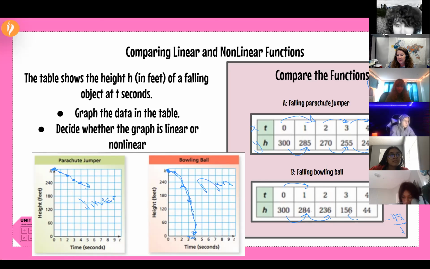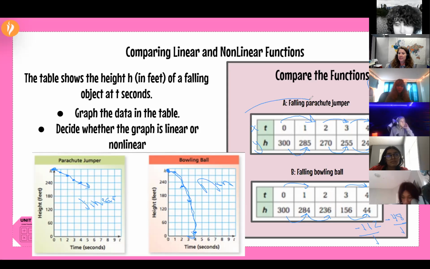And then let's look at the last two coordinates. What's the difference in 156 and 44? That would be 112. This is negative 112 over 1. So do you see that the slope between these coordinates wasn't constant? They kept changing. The numbers kept changing.